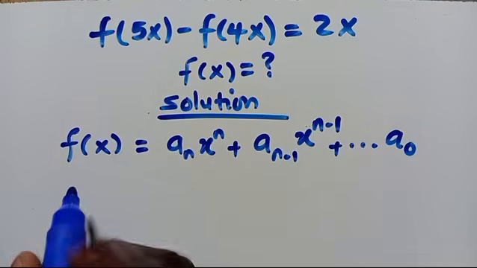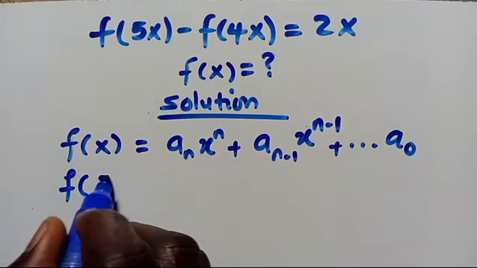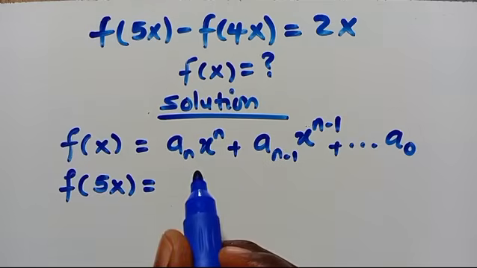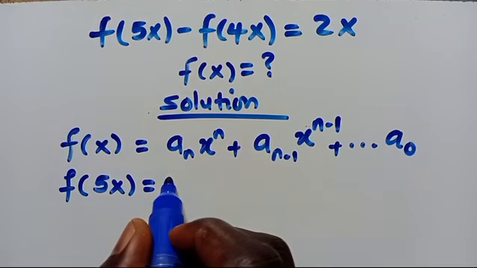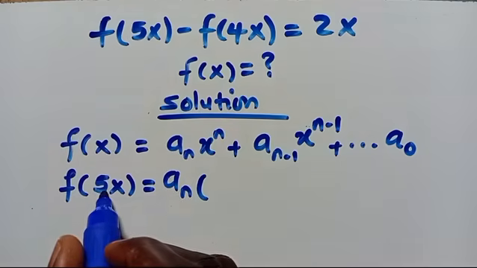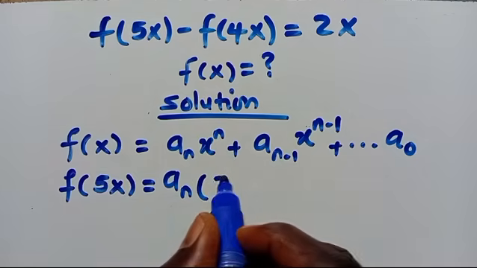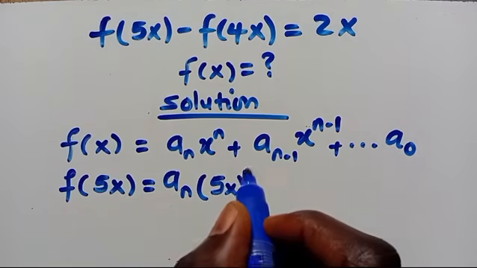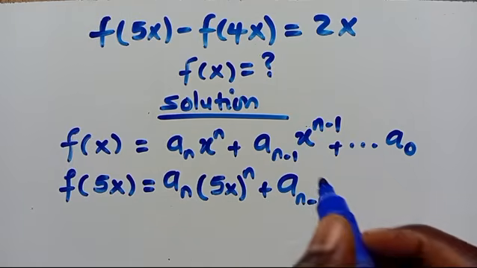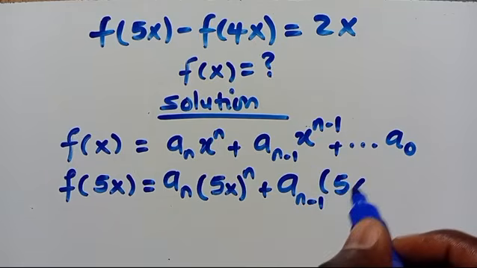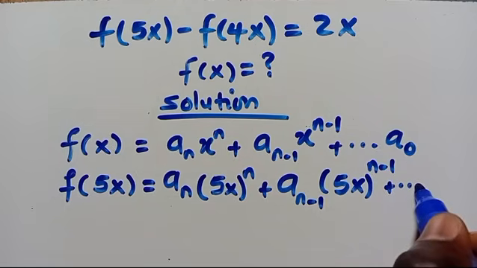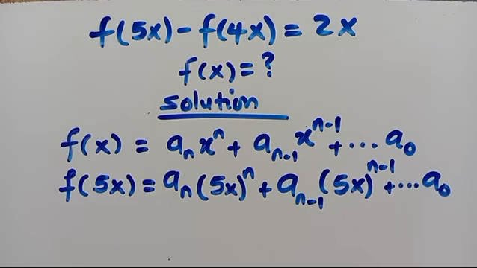So from here, when we have f(5x), this will be a_n, then we have our x to be 5x. So here will be a_n (5x) to the power of n plus a_(n-1), then this will be (5x) to the power of n minus 1, dot dot dot till we have a naught.